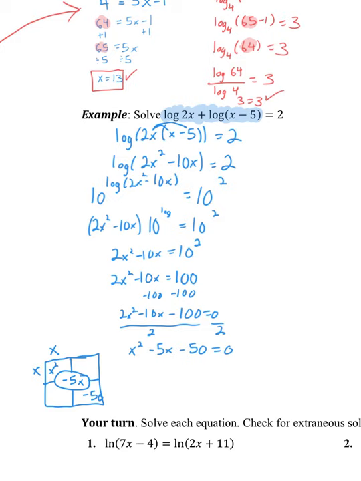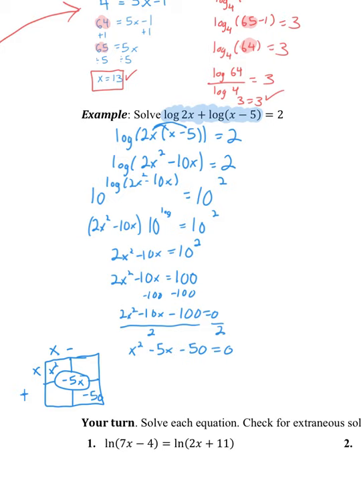But then you have to ask yourself, what are the factors of 50? Since it's a negative 50, one has to be negative, one has to be positive, and they have to have a difference of 5, the two factors. So for example, factors of 50, 1 and 50, but their difference is 49. 25 and 2, but their difference is 23. 3 does not go into 50, so that's not going to work. 4 does not go into 50. 5 goes into 50 10 times, and their difference is 5.